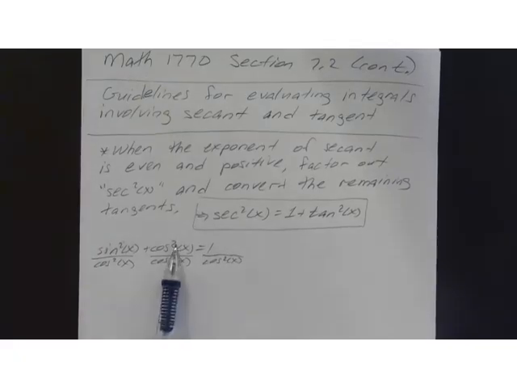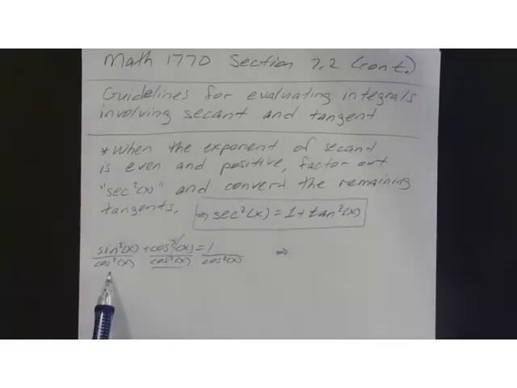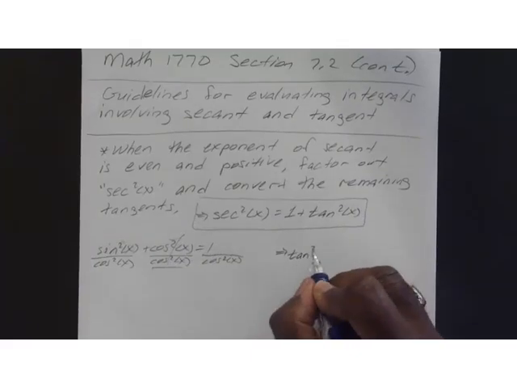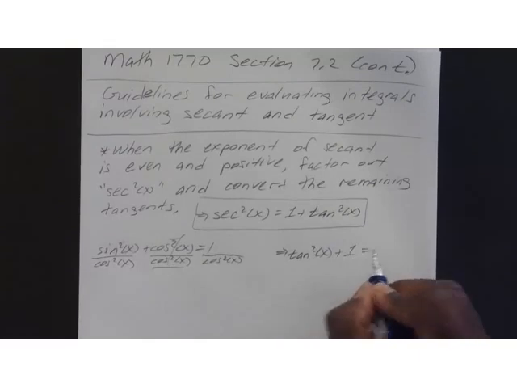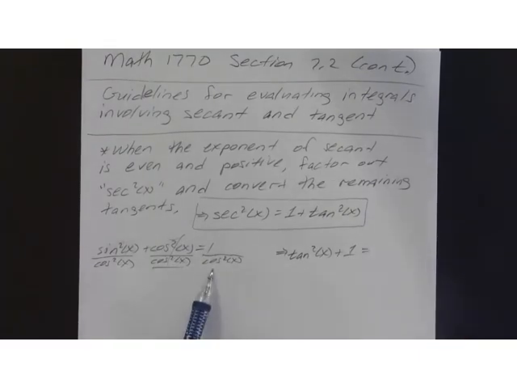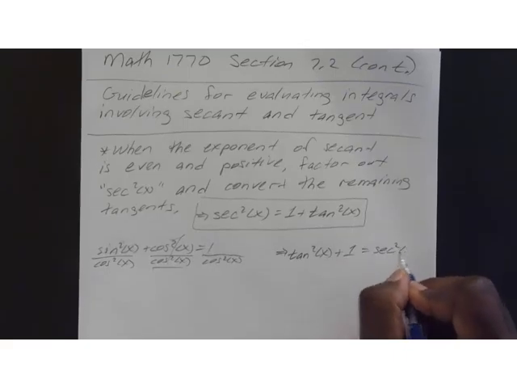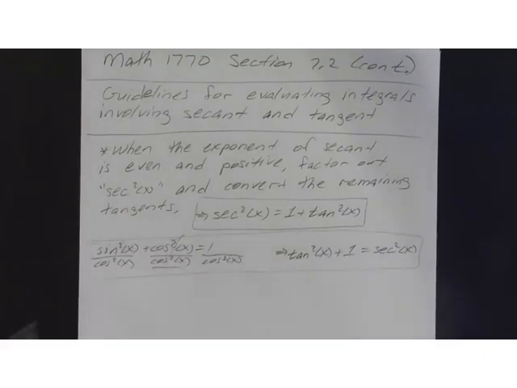You know, cosine squared divided by cosine squared is 1. So that gives us tangent squared, sine squared divided by cosine squared, plus 1 is equal to 1 divided by cosine squared, which is secant squared. So that's just where this comes from, if it's been a while since you've seen it.